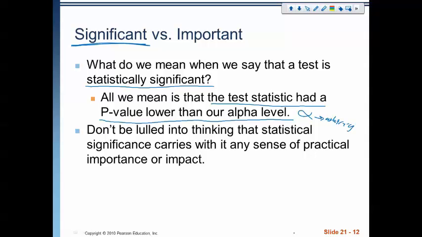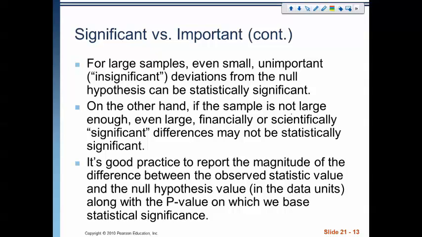It is statistically significant because I'm willing to accept this level of evidence to reject my null hypothesis. That's it. We use the word significance in English to mean lots of different things, like significant meaning that it's important. However, significance has a totally different meaning in statistics. It only means that the test statistic had a p-value lower than our alpha value.